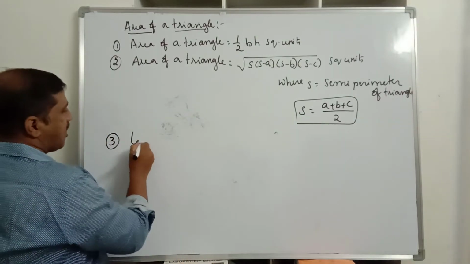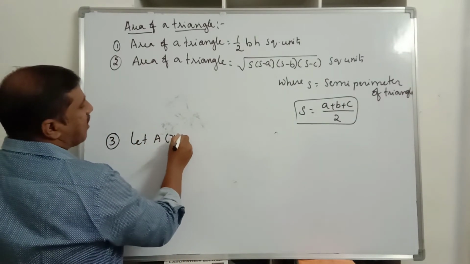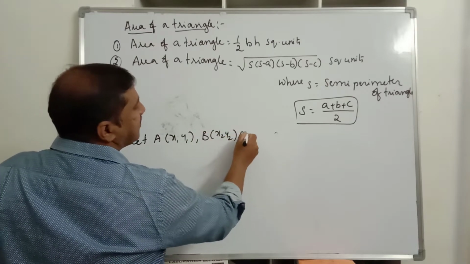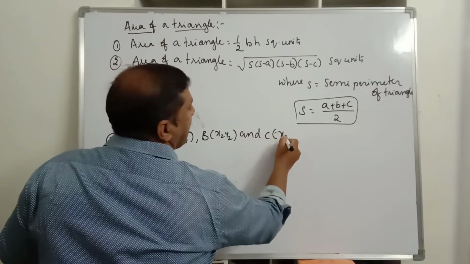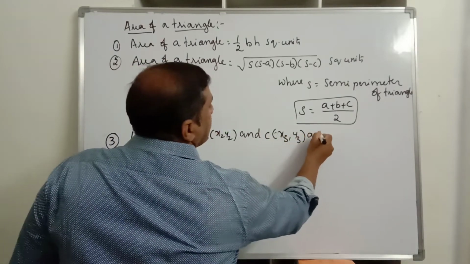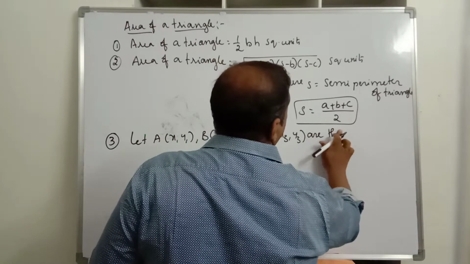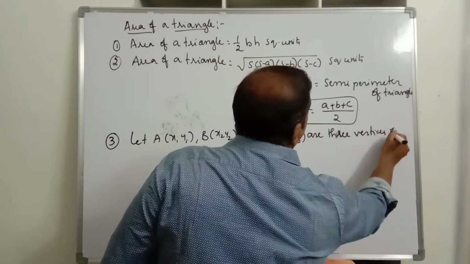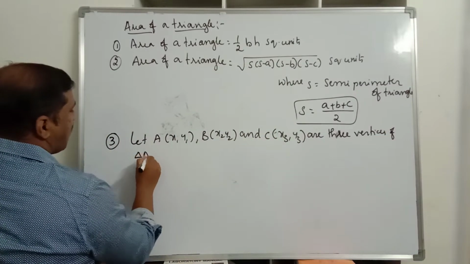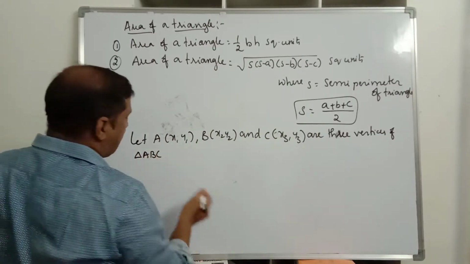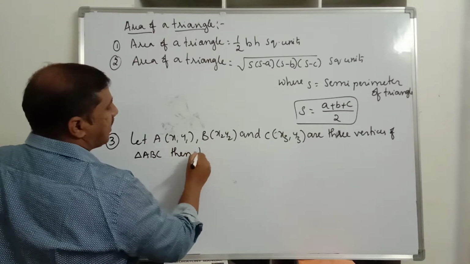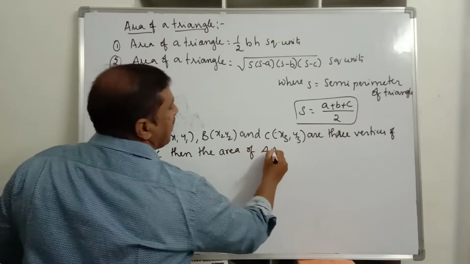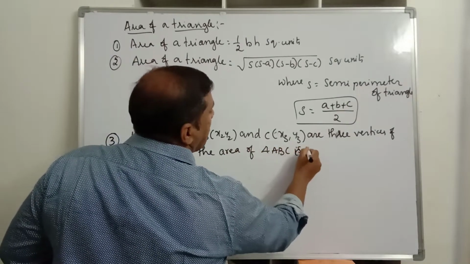So here let A (x1, y1), B (x2, y2), and C (x3, y3) be the three vertices of triangle ABC. Then the area of triangle ABC is given by.